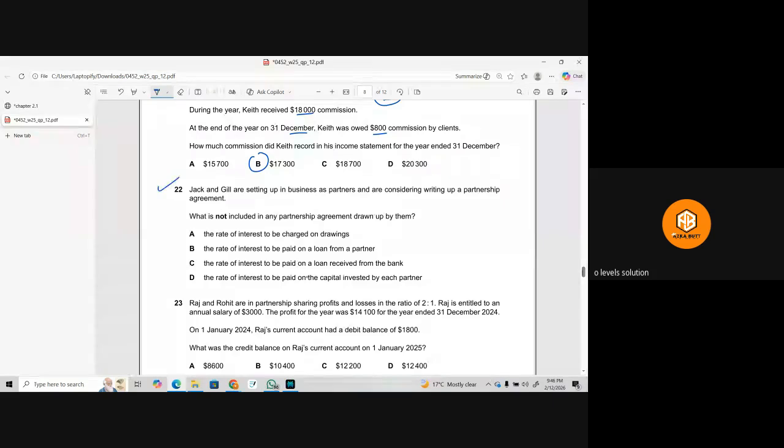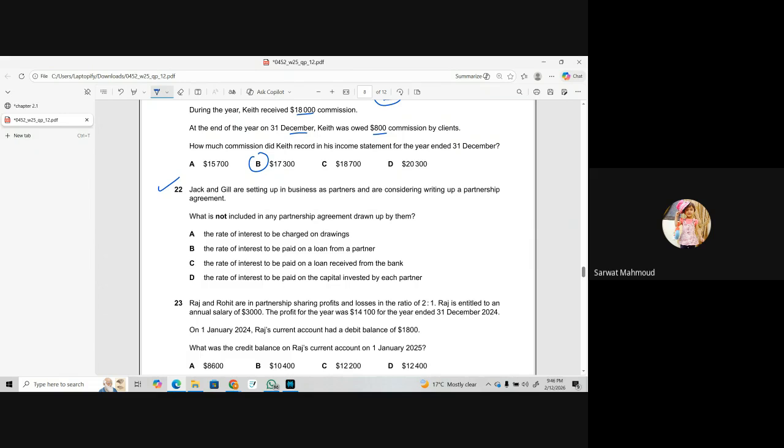Now read this one. Jack and Jill are setting up in business as partners and are considering writing up a partnership agreement. What is not included in any partnership agreement drawn by them? The rate of interest to be charged on drawings, it is included. The rate of interest to be paid on loans from a partner, it is included.